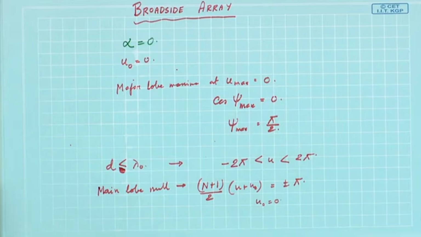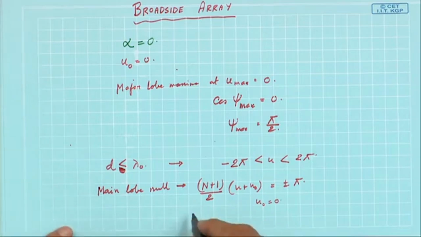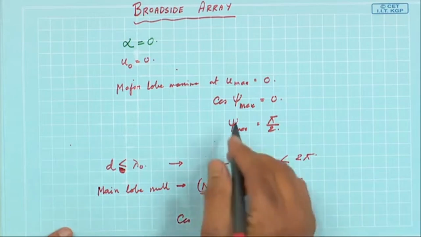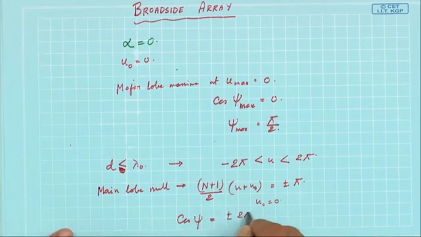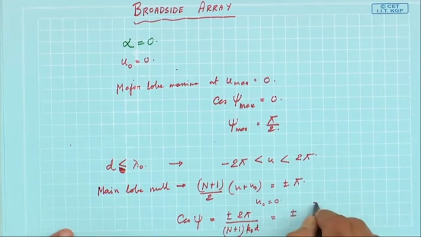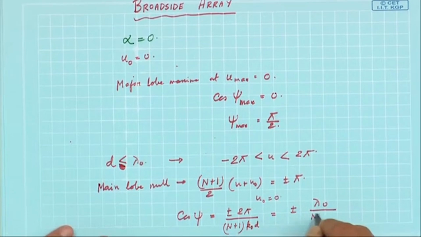So, let us find out. Can I say that cos psi, you put the value of psi, so you get cos psi is plus minus 2 pi by n plus 1 into k naught d, which is plus minus lambda naught by n plus 1 into d.